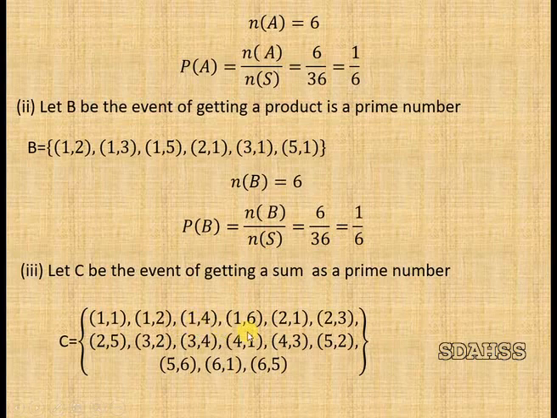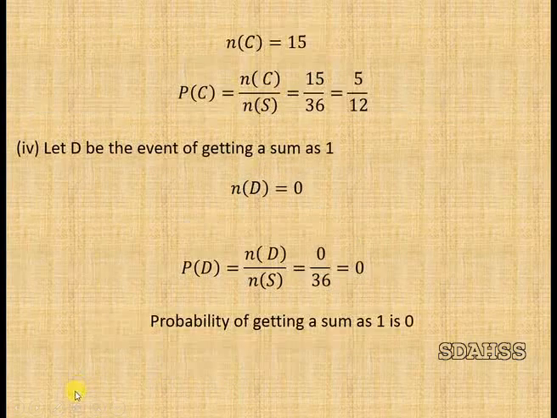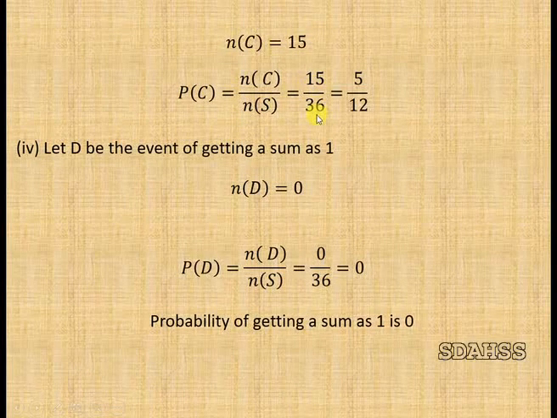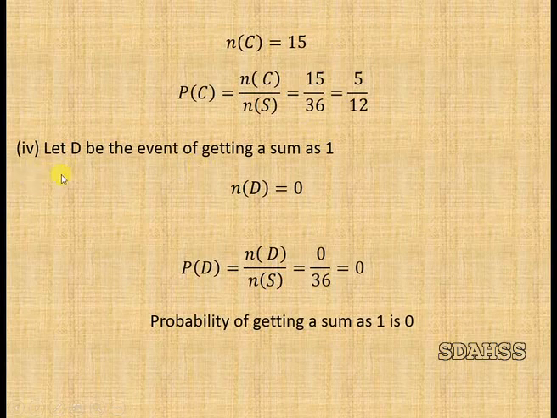Similarly 1,4; 1,6; 2,1; 2,3; 2,5; 3,2; 3,4; 4,1; 4,3; 5,2; 5,6; 6,1; 6,5. So totally 15. N of C is equal to 15. Then P of C is equal to N of C by N of S, which is 15 by 36. Cancel the numerator and denominator by 3, so you have 5 by 12.